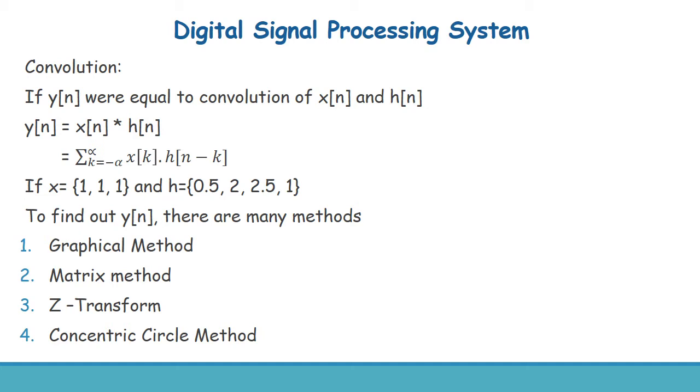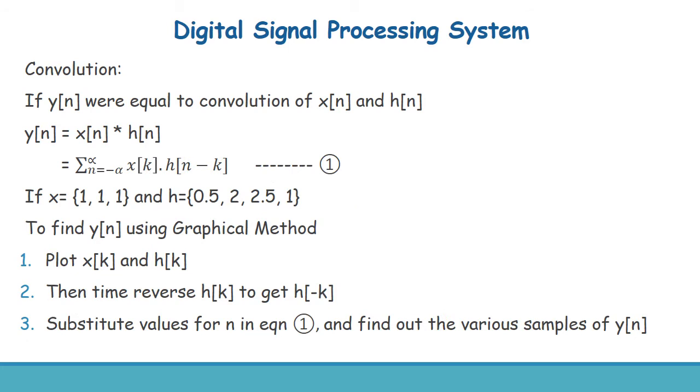So we'll try solving it using the first method, that is graphical method. In order to do that, the formula says it is x of k into h of n minus k. So first we'll plot x of k, h of k, and in the formula you have h of n minus k.